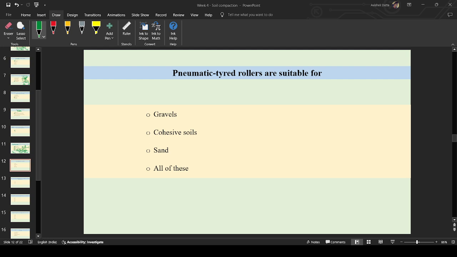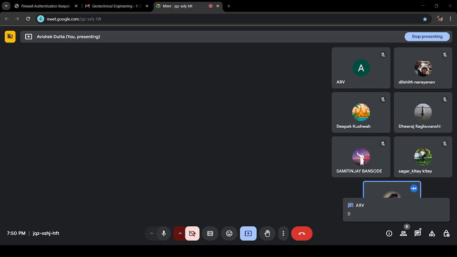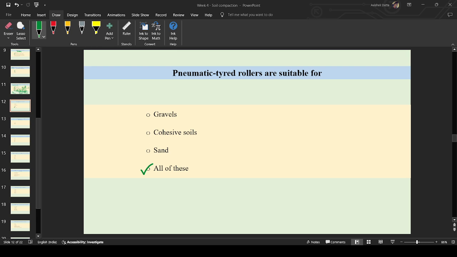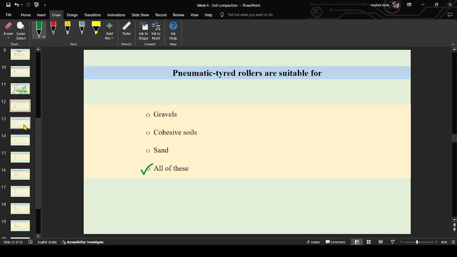It can go with a particular soil in a better way, but it is suitable for all types of soils. So just keep in mind the terms used in the question. Yes, so the answer is all of these. Next question.